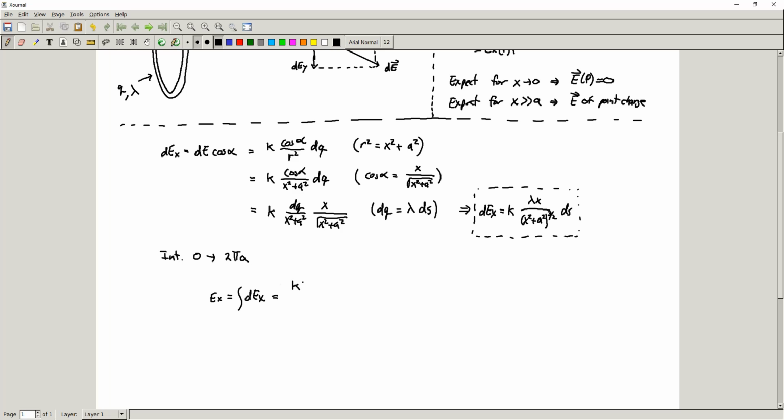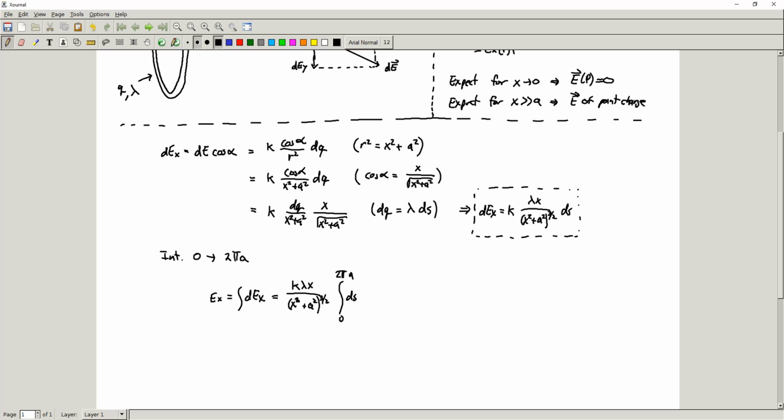It's going to be k lambda x over x squared plus a squared to the 3 over 2, and then we want to do the integral from 0 to 2 pi a of ds. Okay? But this is a pretty simple integral for us to do. We're just integrating ds.